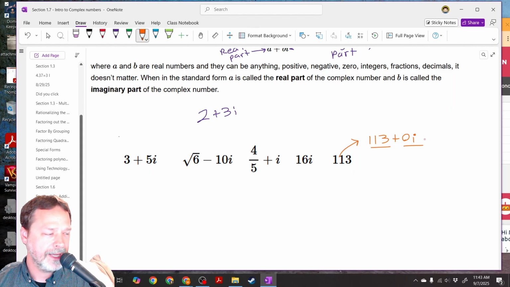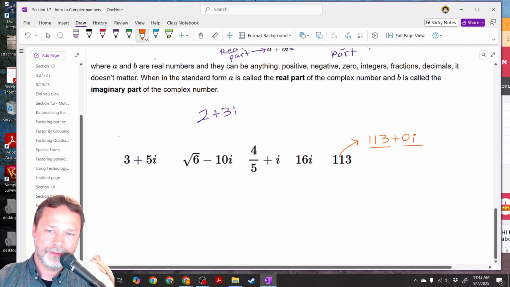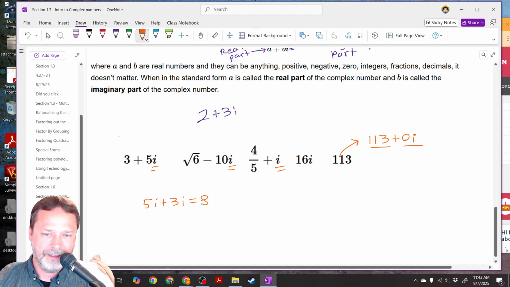All the rules we have for real numbers still apply, like distribution and the rules for adding, subtracting, multiplying, dividing. So pretty much you can treat the i like an x. So 5i plus 3i is 8i, just like 5x plus 3x equals 8x.